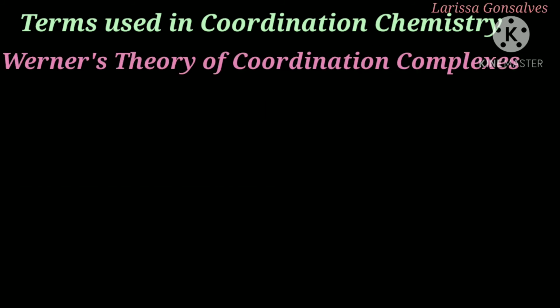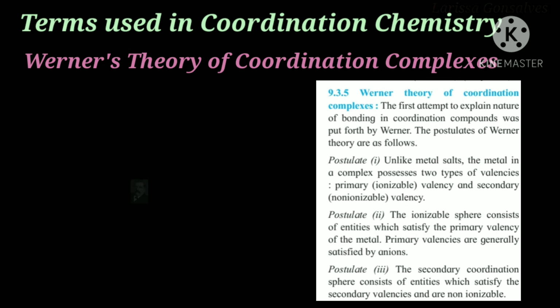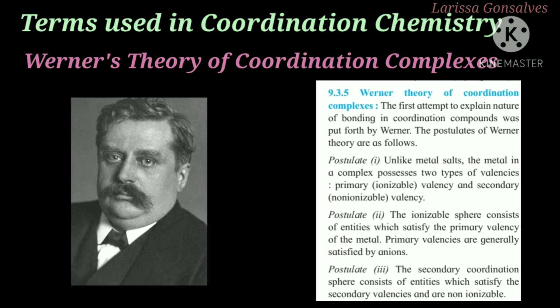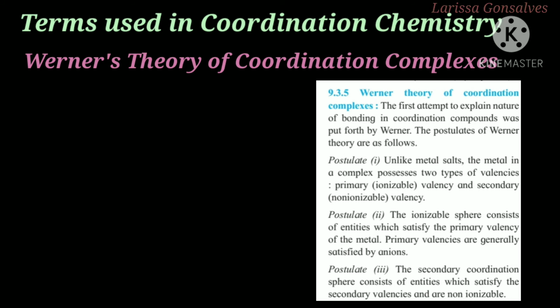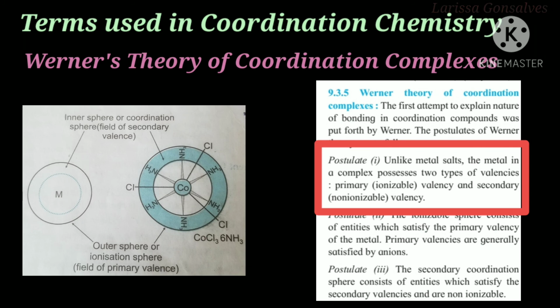Next is Werner's theory of coordination complexes. The first attempt to explain the type of bonding in coordination compounds was made by Werner. There are about 4 postulates that we need to study under Werner's theory. The first postulate is that, unlike metal salts, the metal in a complex possesses 2 types of valencies.